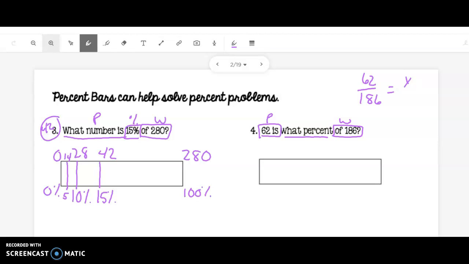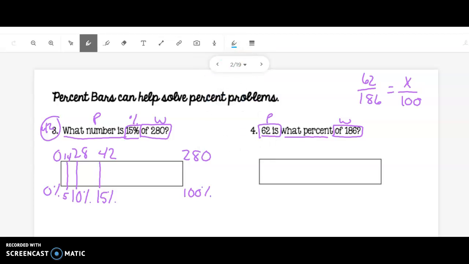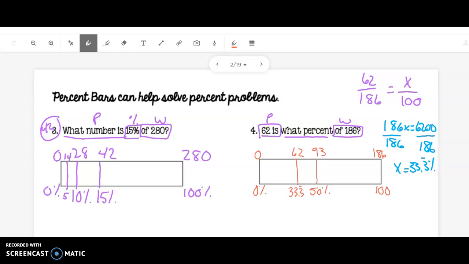We don't know what that's going to be yet, so I'm going to call that X over 100%. Okay, this would be a good place for you to pause the video and work that out. Okay, so if you were working it out, you would have gotten 33.3%, which is a repeating decimal, and we could go ahead and fill in our numbers at the table.